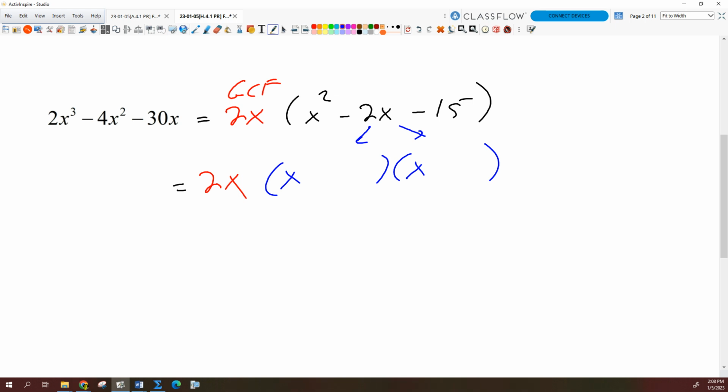Opposite signs. If they multiply to a negative and add to a negative, which of the two is slightly bigger, the positive or the negative? The negative. I always like to put the biggest one first, like that. What are they? 5 and 3. Negative 5, positive 3. Okay.